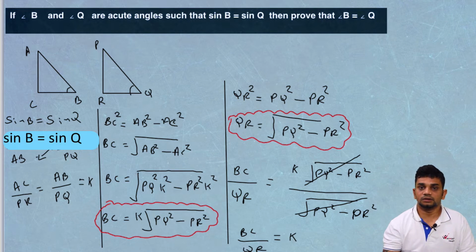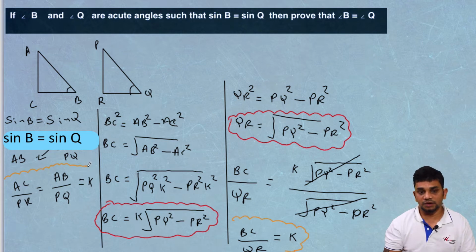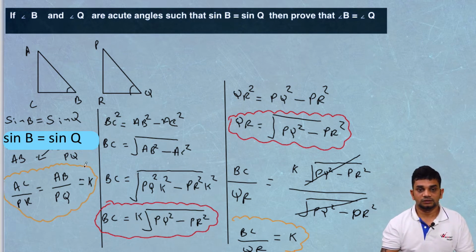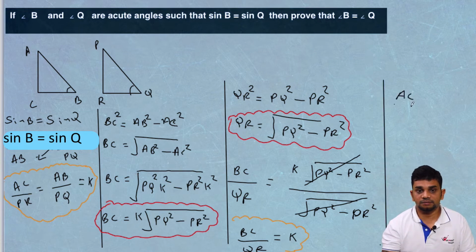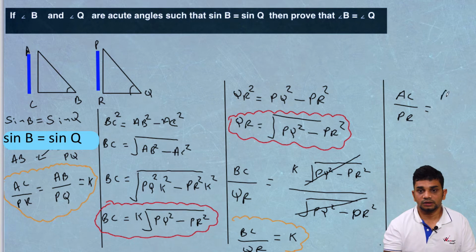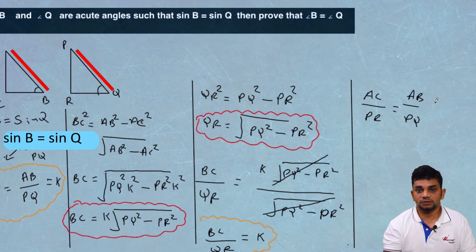Now let's observe the relation. BC by QR is equal to K, and AC by PR equal to AB by PQ equal to K. So we can write AC by PR equal to AB by PQ equal to BC by QR.